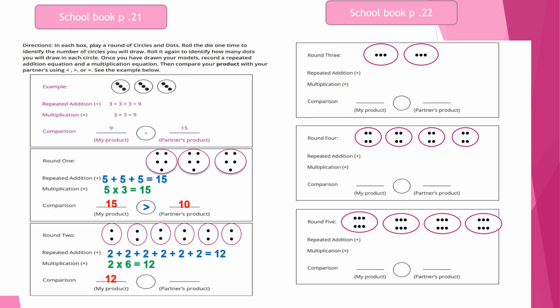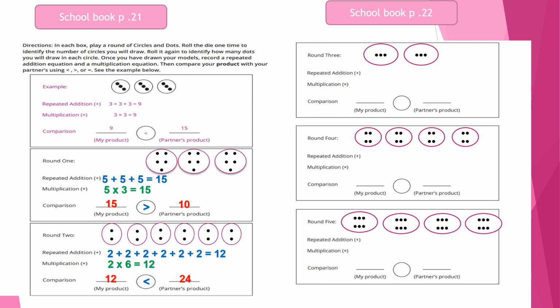In round 3, I gave you here 2 groups, and inside each group I have 3 dots. So if I want to find the total, I will add 3 plus 3 equals 6.